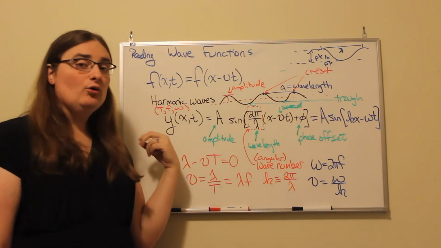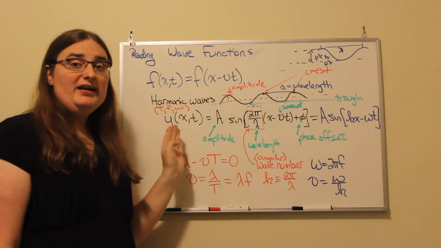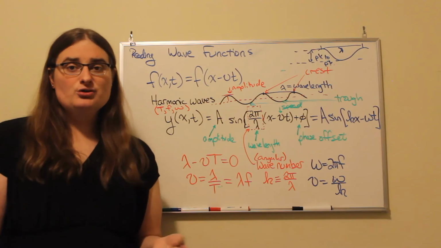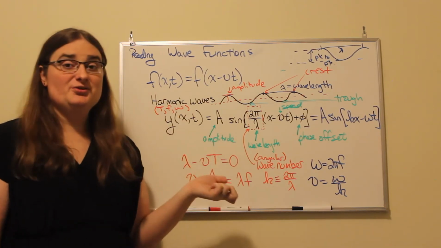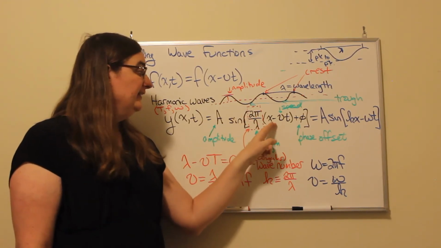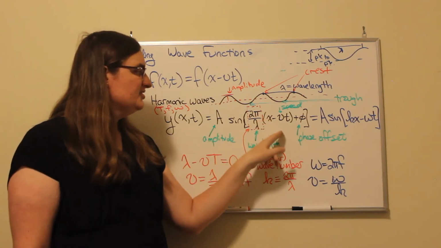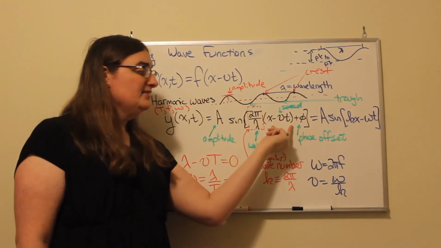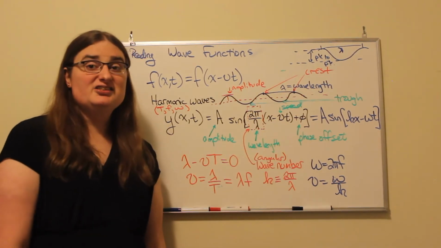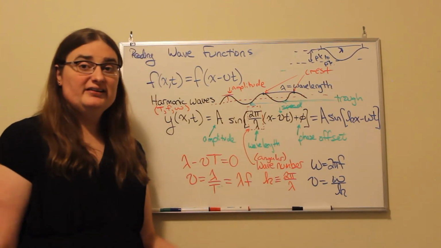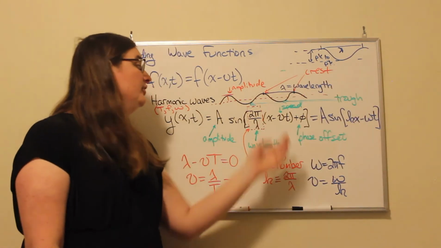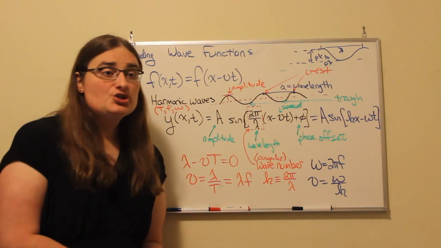So in general, a harmonic wave would have a y-coordinate as a function of space and time, x and t, equal to our maximum displacement, our amplitude, times the sine of 2 pi divided by our wavelength times our position minus our velocity times time. This dependence between x and t is what makes this a wave, and both of those have units of distance. So if we divide by the wavelength, each wavelength would add 2 pi radians of phase along our wave. That's why we end up choosing that piece.